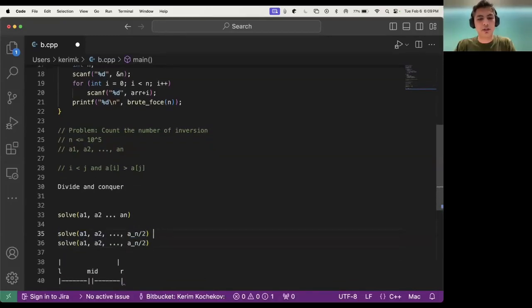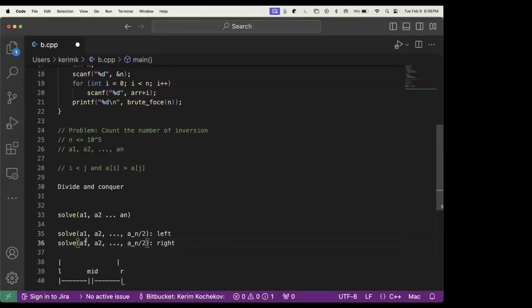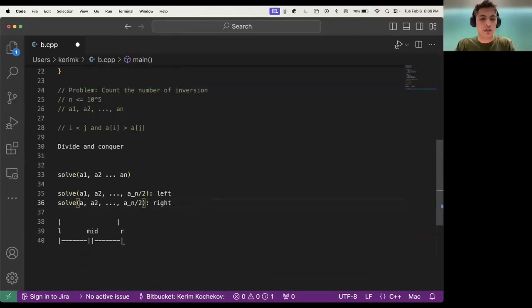So we call this, for example, the left part and the right part. The goal is to solve the problem for each of these smaller versions of the problem, and in the end, conquer the answer.